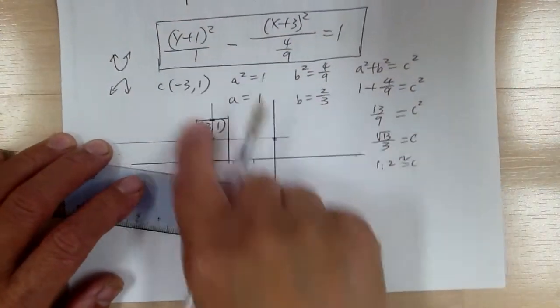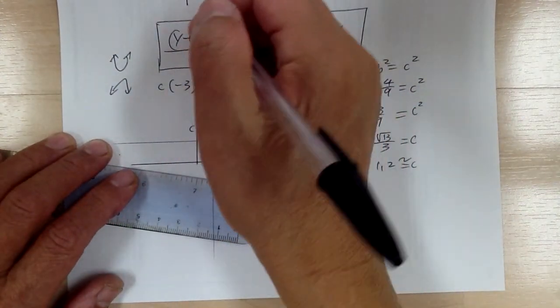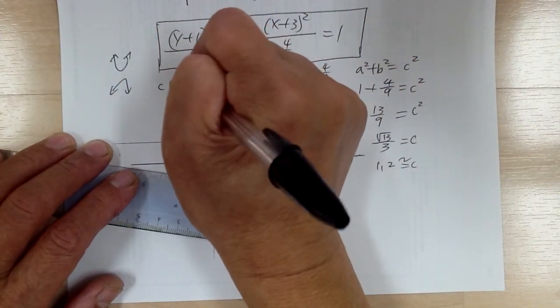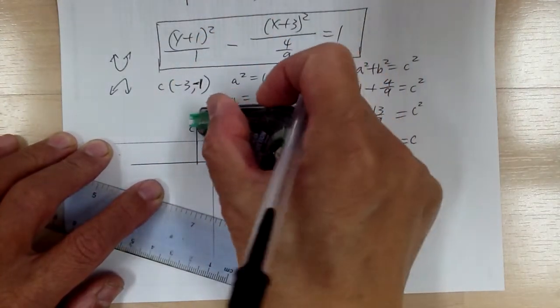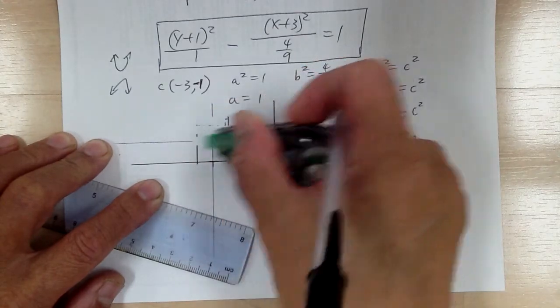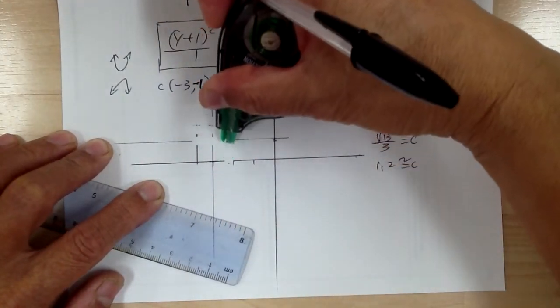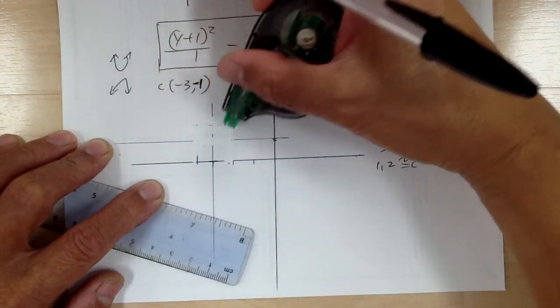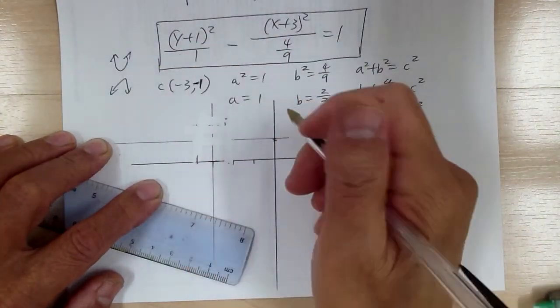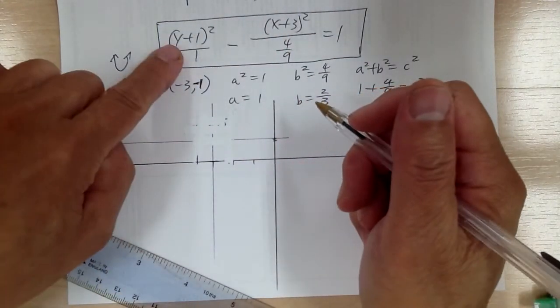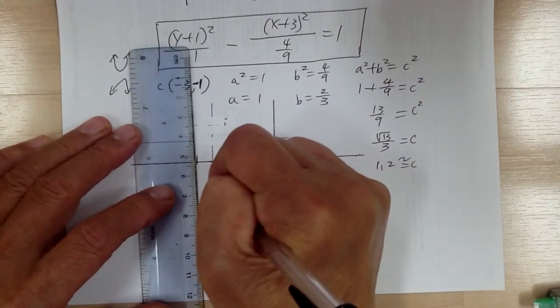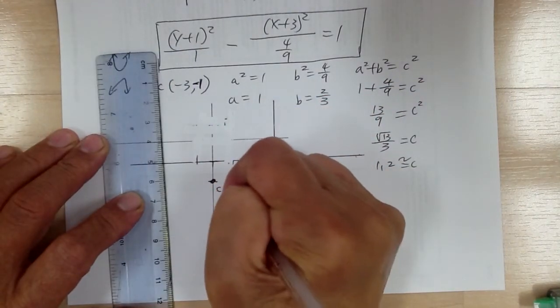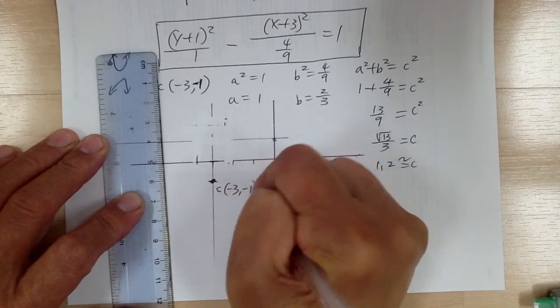Oh, wait. Back up. This is negative 3, negative 1. Back up. That's not correct. Okay. Back up. Okay, so it's going to be negative 3, negative 1, not positive 1. So watch out for the sign. Okay. So the center is at negative 3, comma, negative 1.